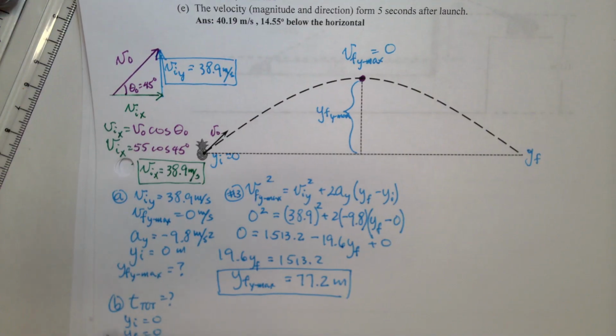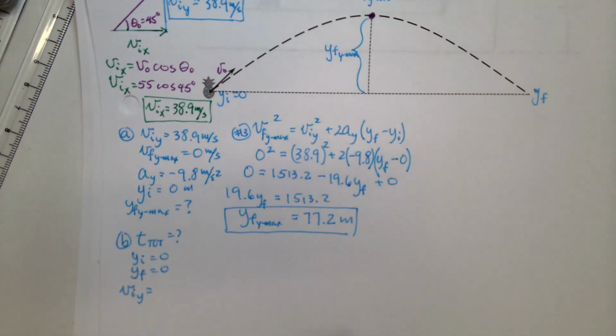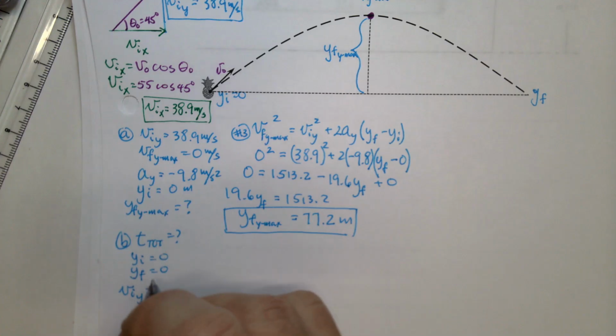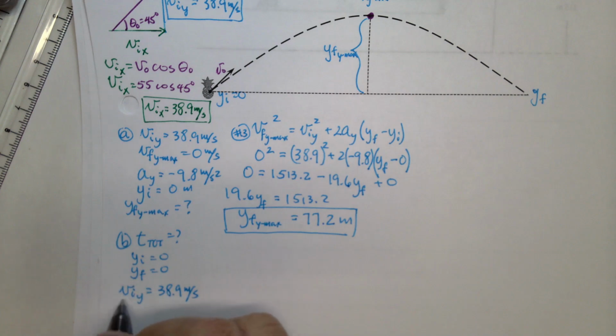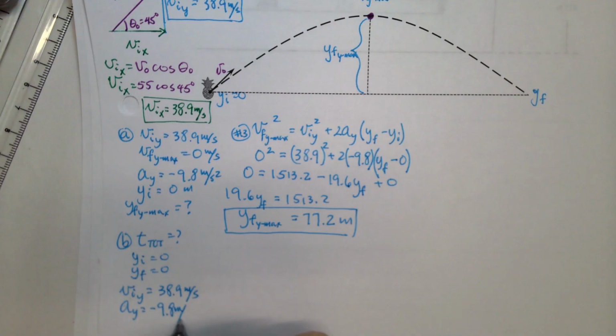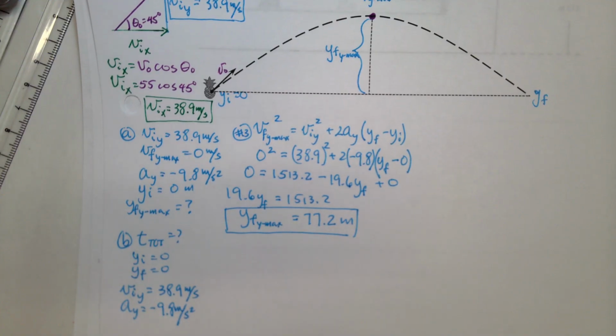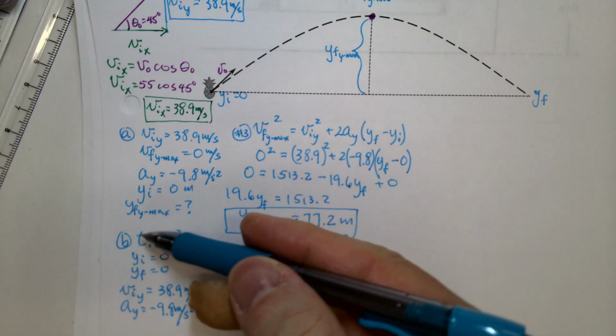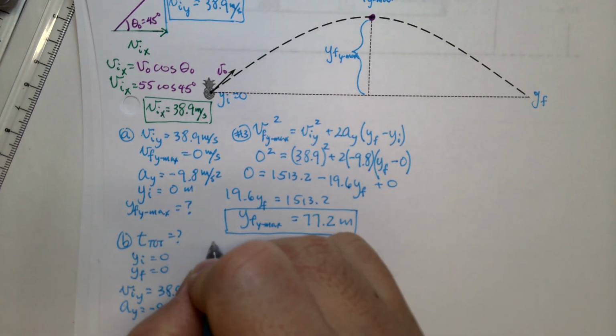My VIY is equal to, we calculated to be, 38.9 meters per second. We also know a sub y is equal to negative 9.8 meters per second squared. It looks like we have all the ingredients for equation number 2.